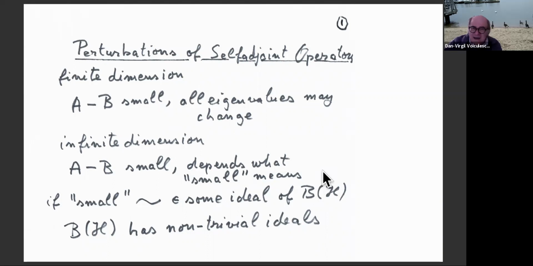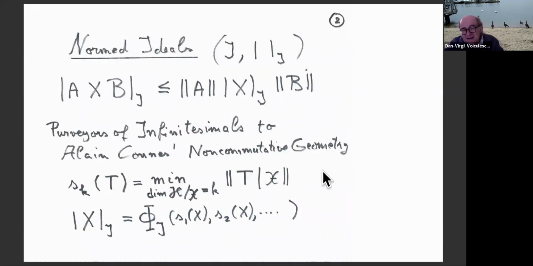These ideals include in particular the normed ideals, and these are the ideals to which Alain Connes has assigned the role of infinitesimals in non-commutative geometry, the normed ideals. So I'll start with recalling a few things about normed ideals.